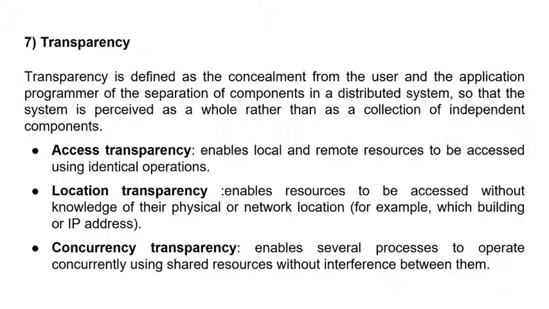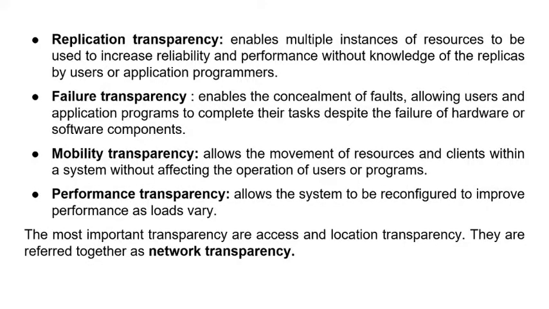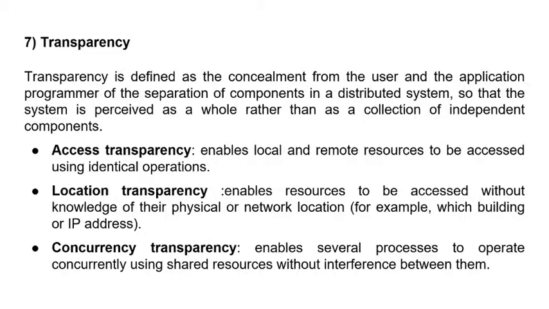This concealment exists at different levels. Access transparency, location transparency, concurrency transparency, replication, failure, mobility, and performance transparencies are there. Access transparency enables local and remote resources to be accessed using identical operations.